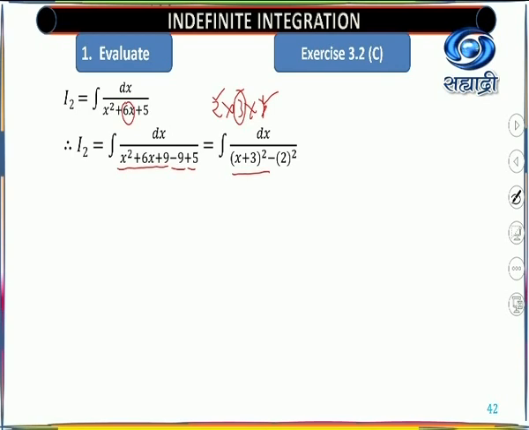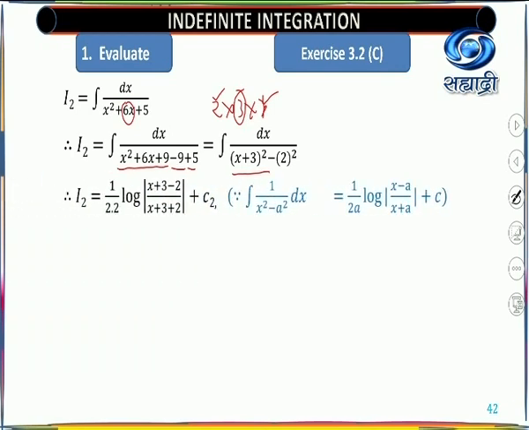As usual, in the beginning we saw which formula we are using. That is integral 1 upon x square minus a square dx is 1 upon 2a log mod of x minus a upon x plus a plus constant of integration. So here we are using capital letters. So you will get I2 equal to 1 upon 2 into 2 log mod of x plus 3 minus 2 upon x plus 3 plus 2 plus constant of integration.